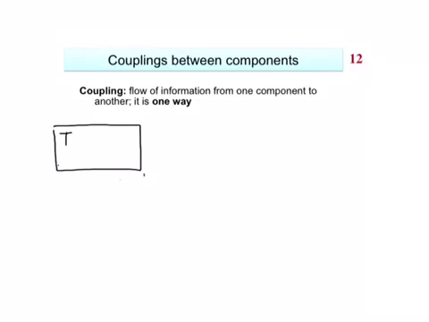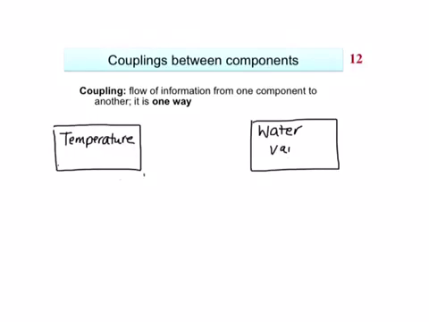So one of these boxes might be temperature, and the other state variable that we're going to consider is going to be water vapor. So as you heat water, it leads to the formation of water vapor. Now this is a positive coupling because an increase in temperature leads to an increase in water vapor.